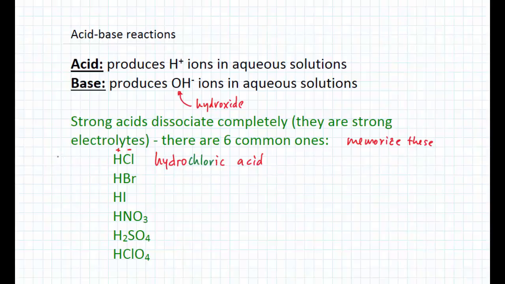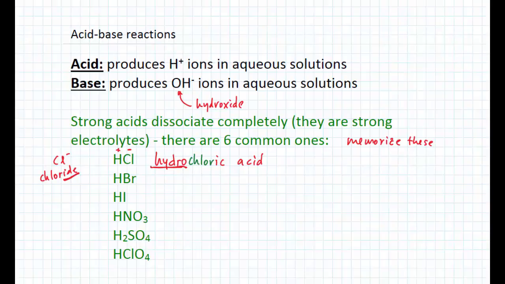That's because Cl minus is chloride. And that "ide" ending is what causes the hydro to be at the start of the acid name. The hydro doesn't just mean hydrogen because all acids start with hydrogen. Okay? It has to be an "ide" anion in order for it to be a hydro something acid.